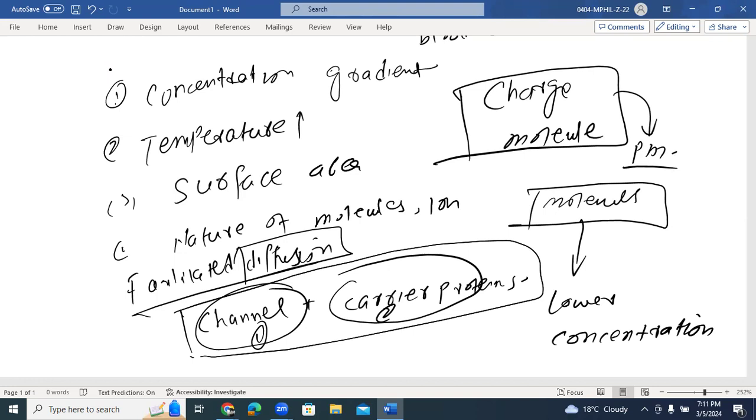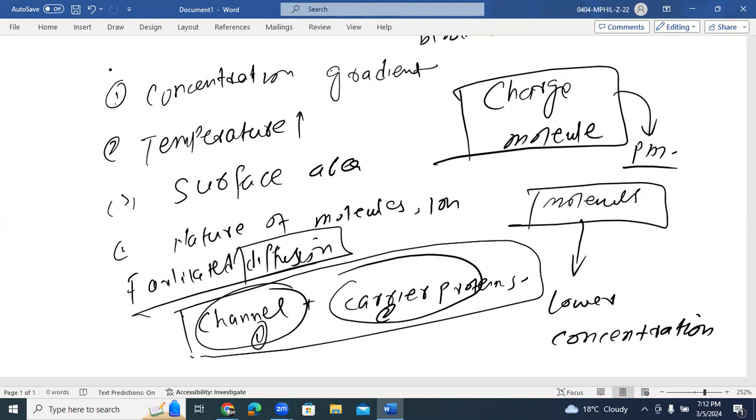Why? Because it has to face hindrance there. In the lipid bilayer, the phospholipids are hydrophilic and hydrophobic in nature. That hydrophobic and hydrophilic nature actually repels or attracts the molecules.